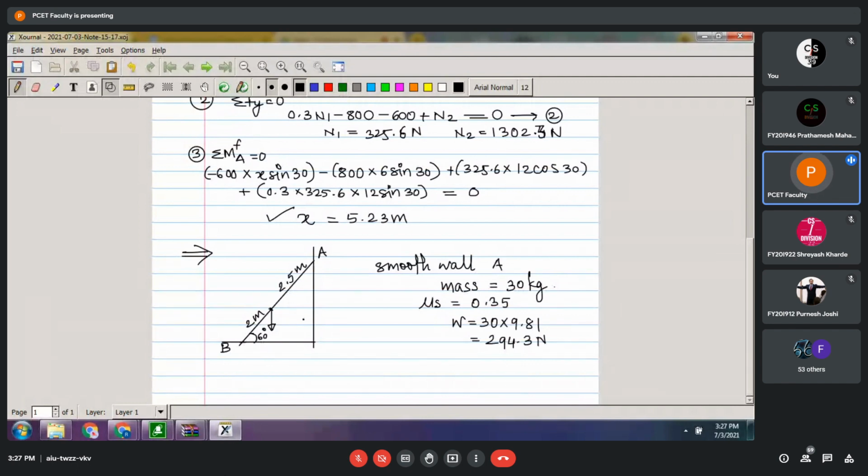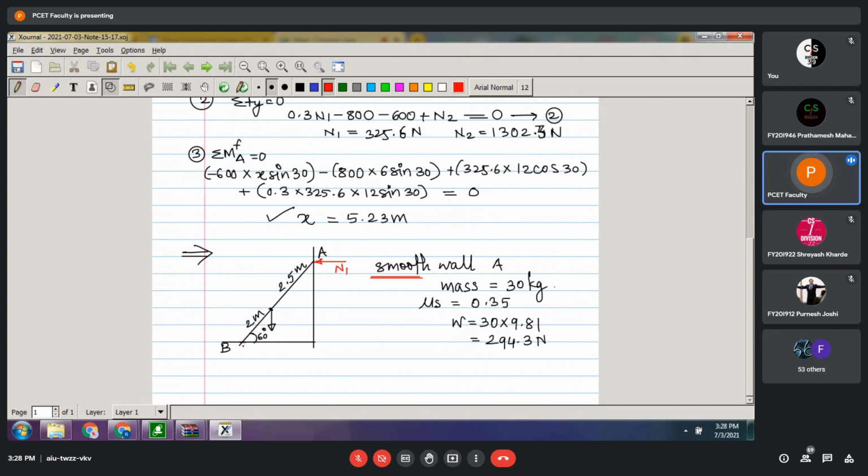I will draw it in this same diagram, you draw a separate free body diagram. So there will be a support reaction provided by the vertical wall at point A. I will call this N1, because I know that there is no frictional force offered by the wall as the wall is smooth. So only one single reaction, perpendicular to the vertical wall, will be offered by the wall.